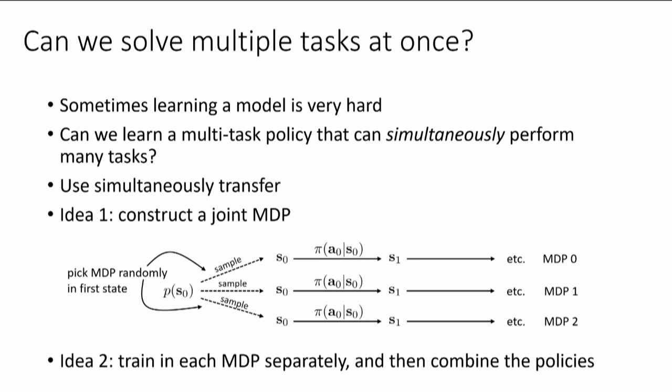A different idea, which you can view at a mathematical level as a variance reduction trick, but a rather elaborate one, is to train on each MDP separately and then somehow combine the policies into one. In practice, this can work a lot better, especially when the different MDPs in your source domain distribution are very different from each other.